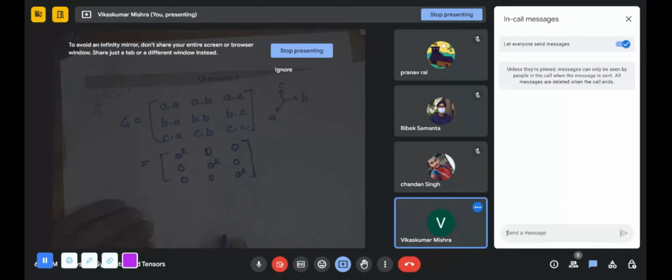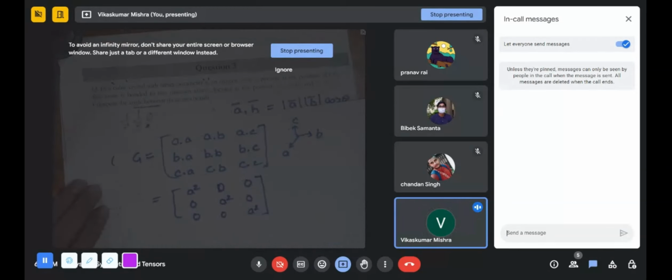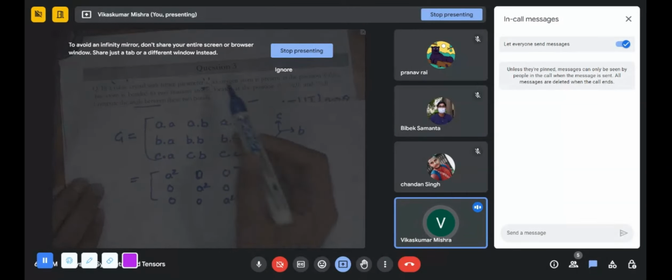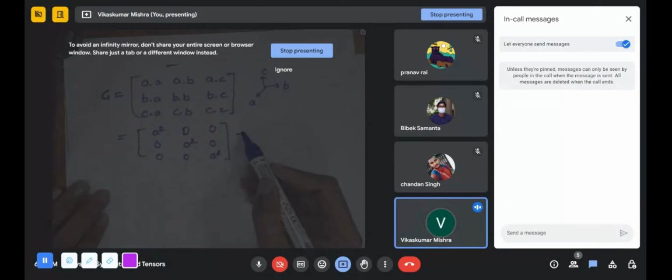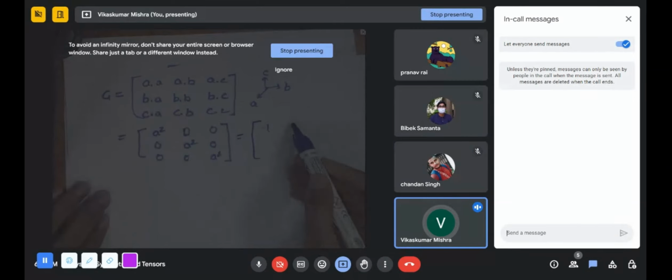The lattice parameter A is given to us, and we just need to find the angle between them. So we can treat A for the time being as 1, 1, 1. The angle is not going to be affected by the magnitude of the basis vector. So this is how we find G.